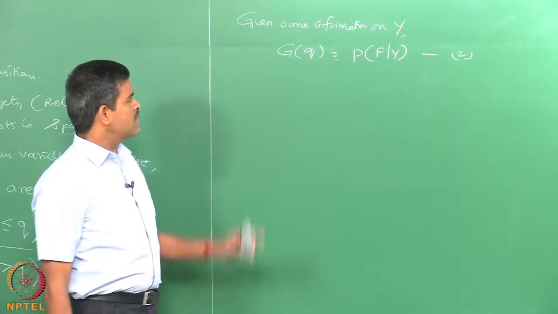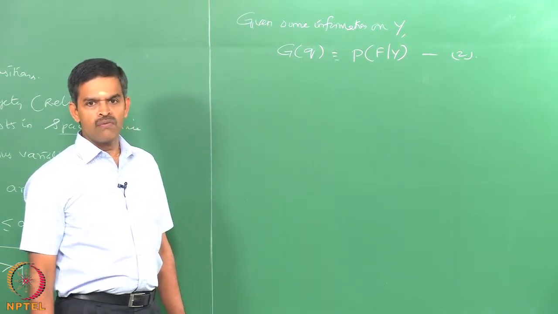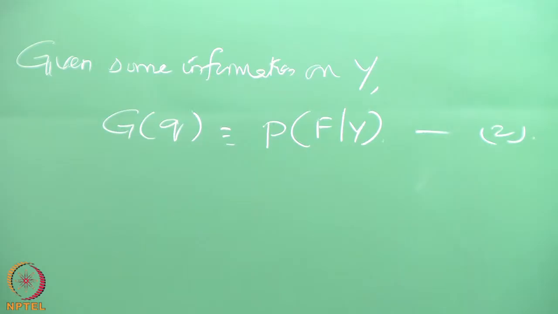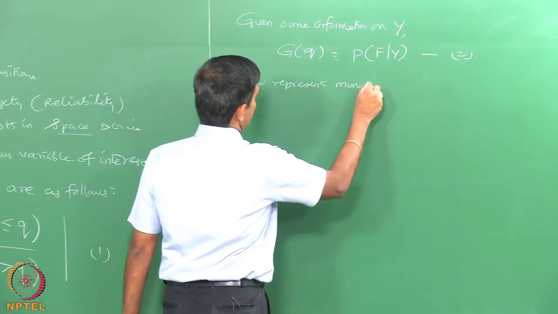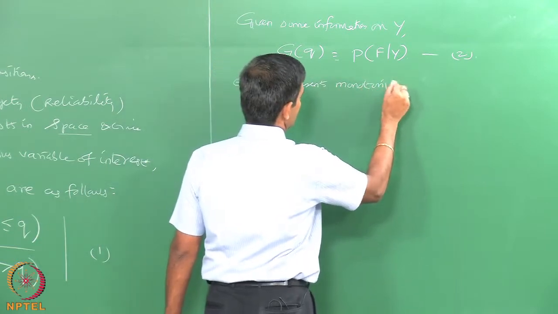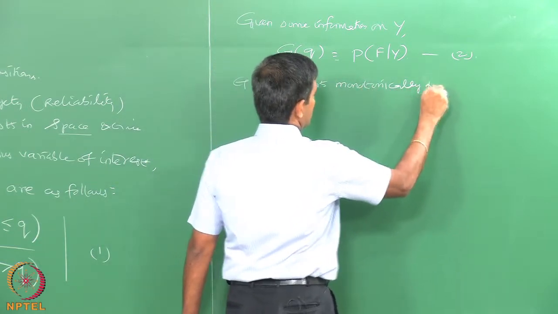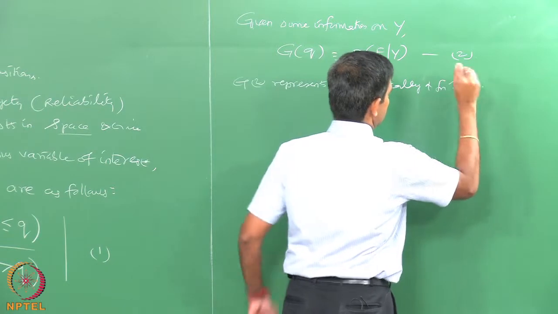Now, one can easily see from this equation 2 that the function will remain a monotonically increasing function of q. Equation 2 represents a monotonically increasing function of q.